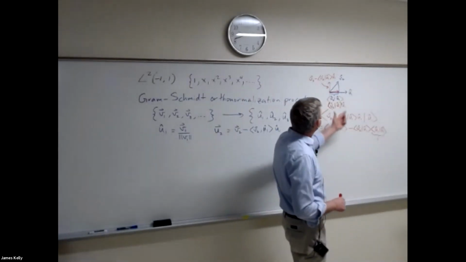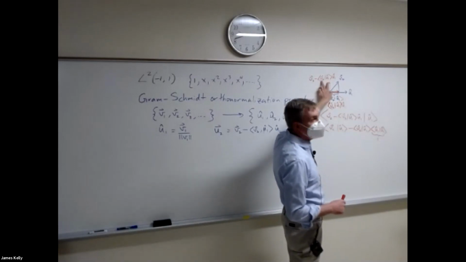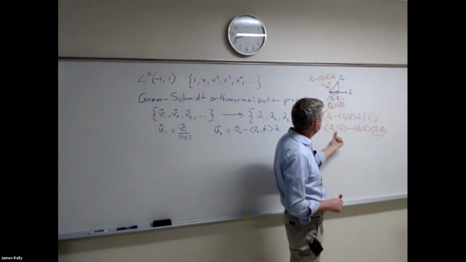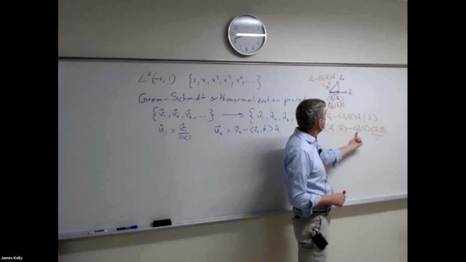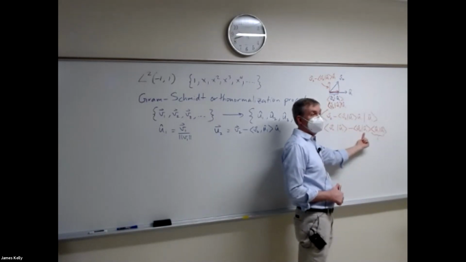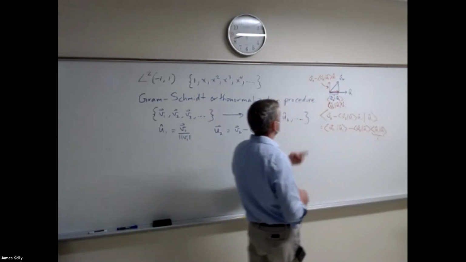Now, if we had switched the order of this, is what you're asking about, right? Then we would have had a v2 u1 here and a u1 v2 there, and it would not have necessarily subtracted to 0.